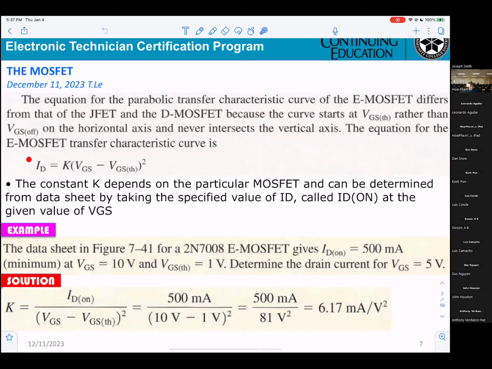That means from this formula you can calculate K. However, ID must be ID on. So that's why when you calculate it, you get 6.17 milliamp per volt squared.